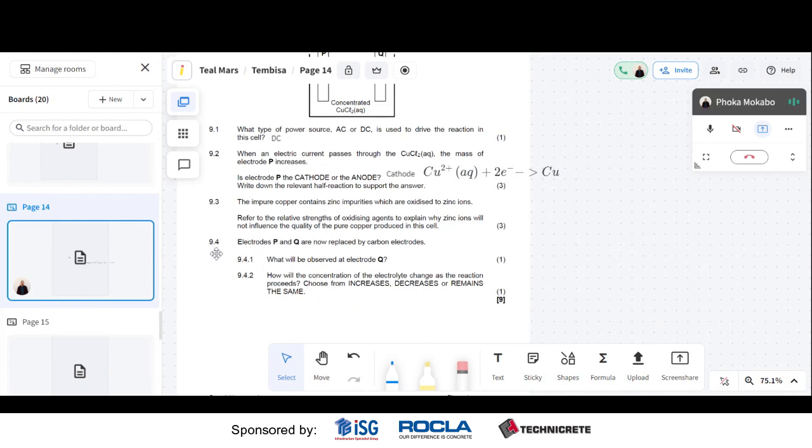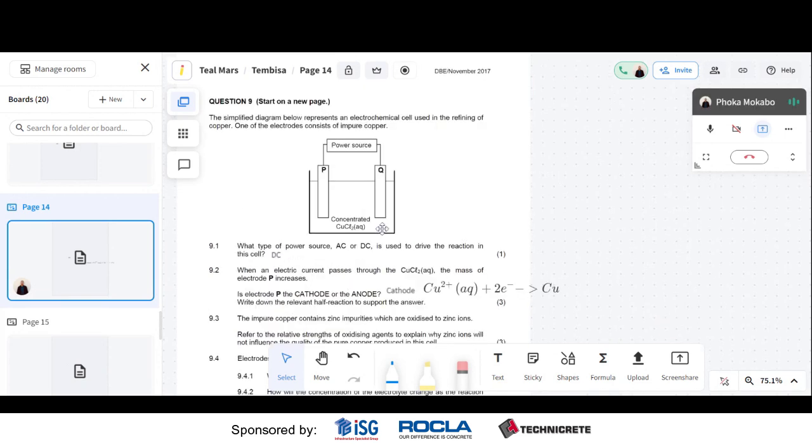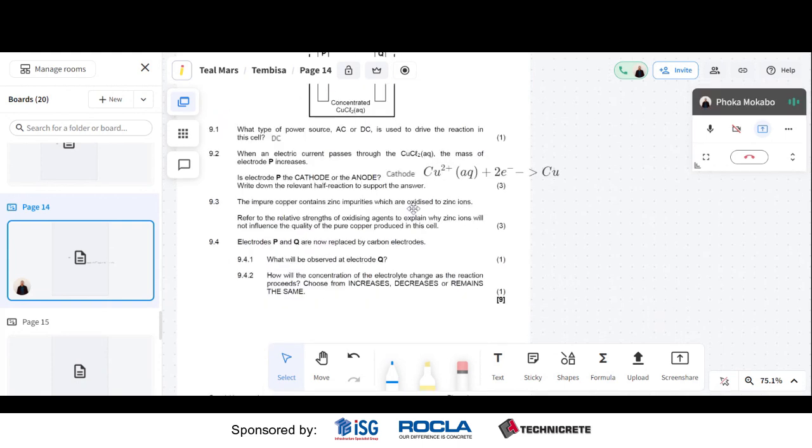Then 9.4. The two electrodes are now replaced by carbon electrodes. First of all, what will be observed at electrode Q? Electrode Q would be the zinc. Oh, they are replaced by carbon electrodes.